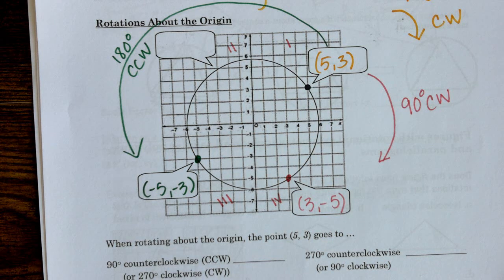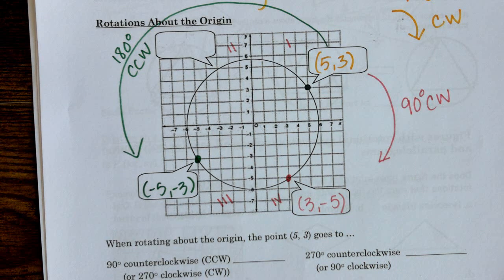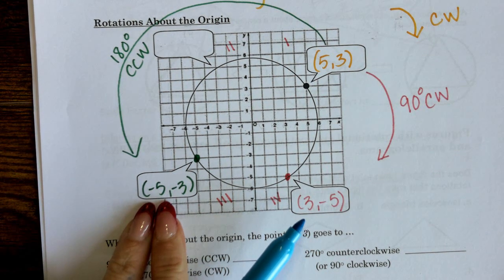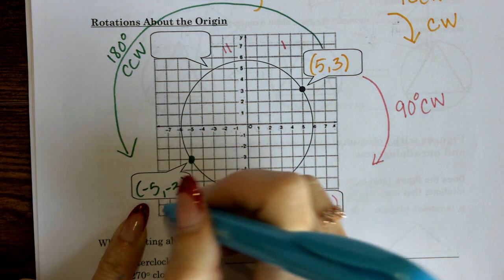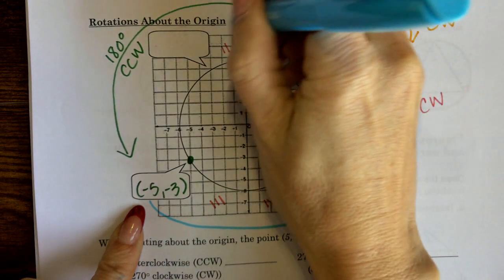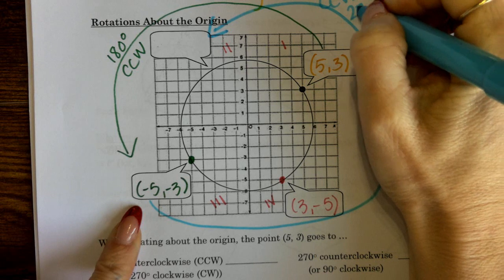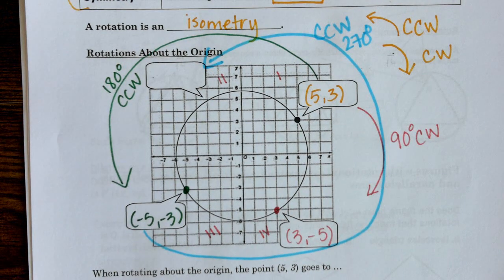Okay, I'm going to get another color because I'm going to give you your challenge. Ready? I want you to rotate our green point, minus green, counterclockwise 270. So how many turns would that be? 3.